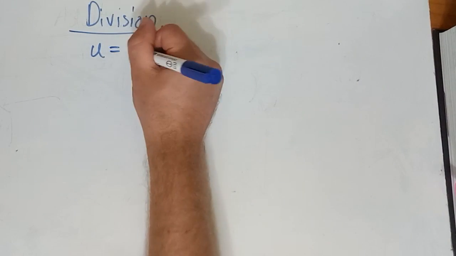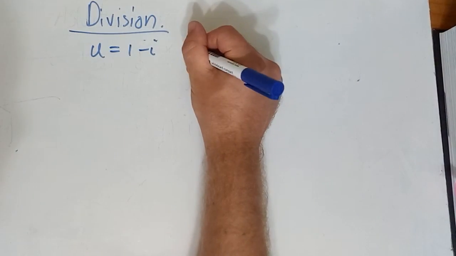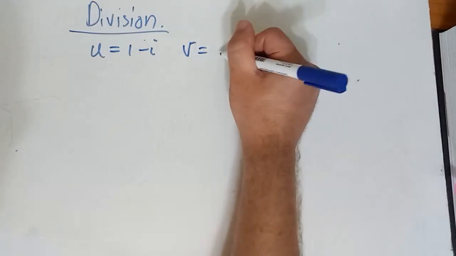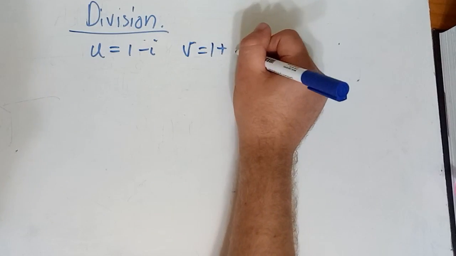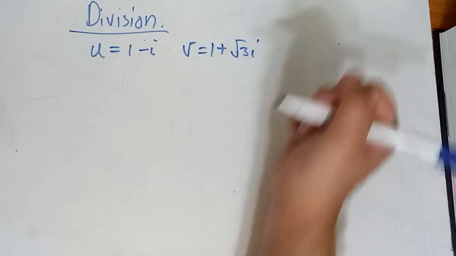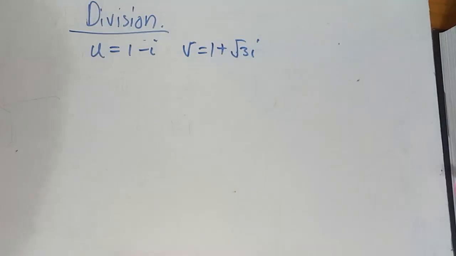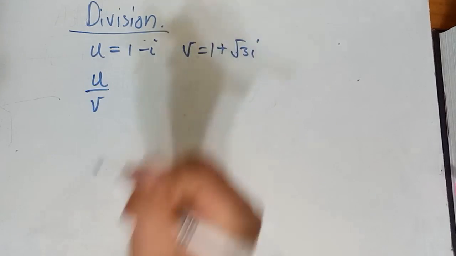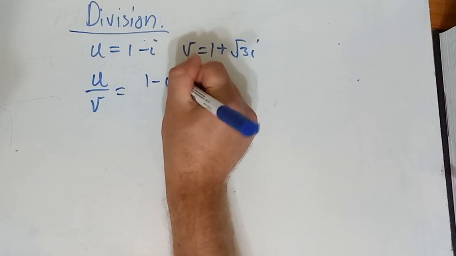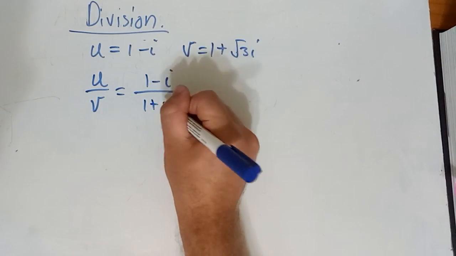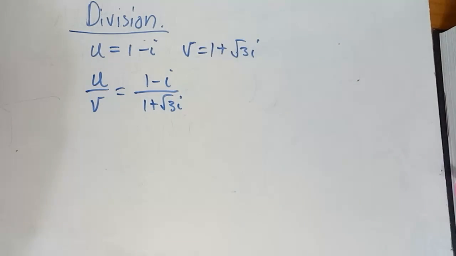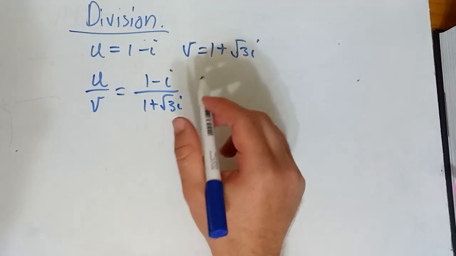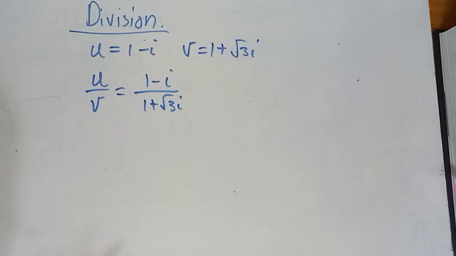U equals 1 minus i, and V equals 1 plus root 3i. Okay, we're going to do U divided by V: 1 minus i divided by 1 plus root 3i. Now the way to do this division is we do a trick and we multiply this fraction by 1.